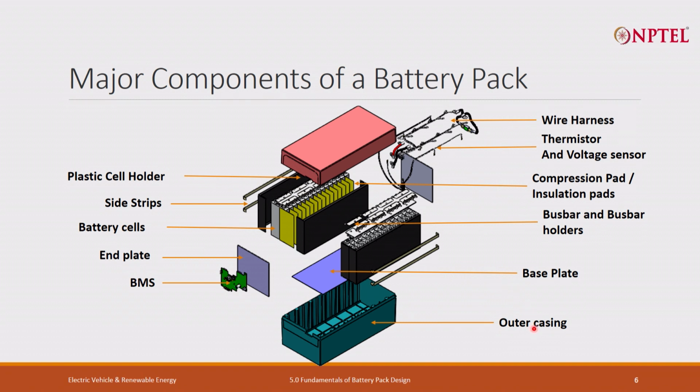Then we have the outer casing to protect everything from the environmental conditions, and it also helps to take care of the battery weight and the road load condition. Both this outer casing and the top lid together make the whole battery pack.